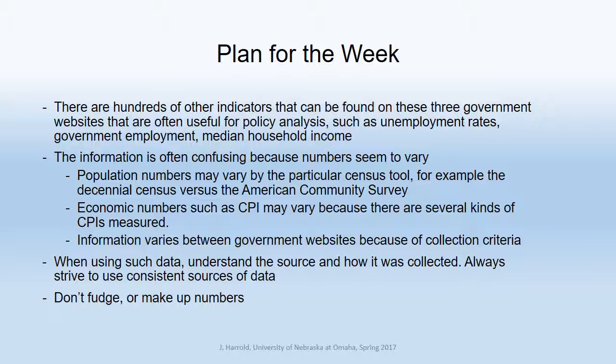So for example, if you're using population estimates from the American Community Survey, you should try to be consistent across all the units, all the states, for example, that you're comparing. Don't mix and match the decennial census population numbers with the ACS numbers, for example. And you're only going to understand that as you become more familiar with these websites.